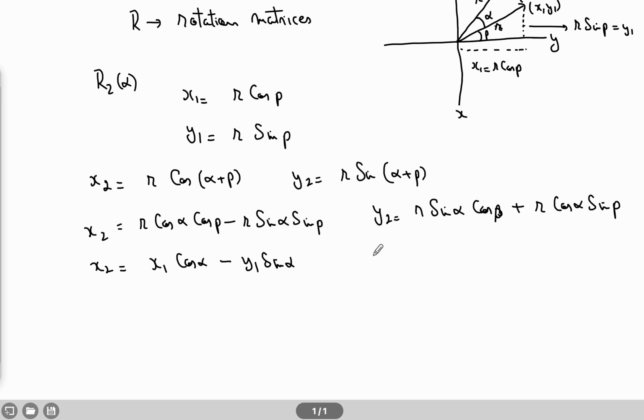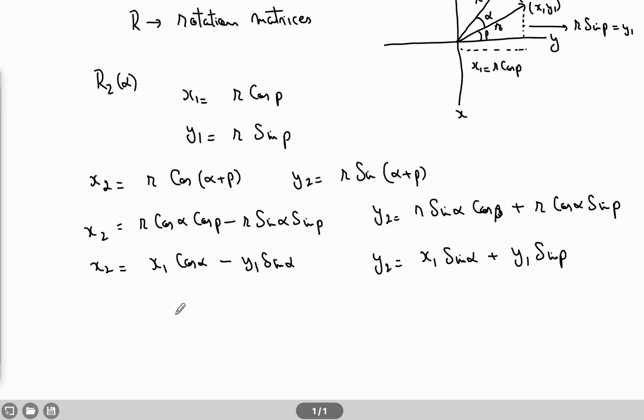Now y2 can be written as, so if I replace r cos p with x1, so I got x1 sine alpha, and here I've got r sine p, so this becomes y1 cos alpha, right? Now I can write this in matrix form.